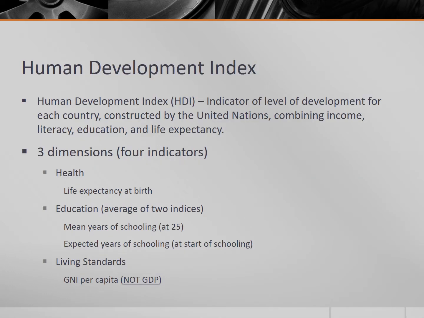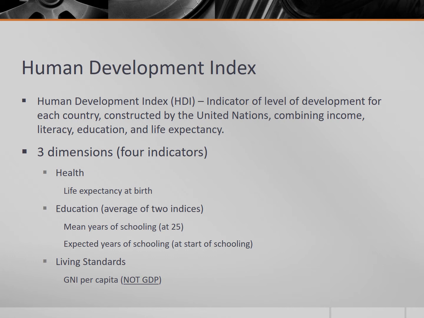The Human Development Index is the indicator of the level of development for each country constructed by the United Nations and combines things like income, education, and life expectancy. This system was devised to combine both social and economic indicators of development to give a comprehensive view of a country's level of development.